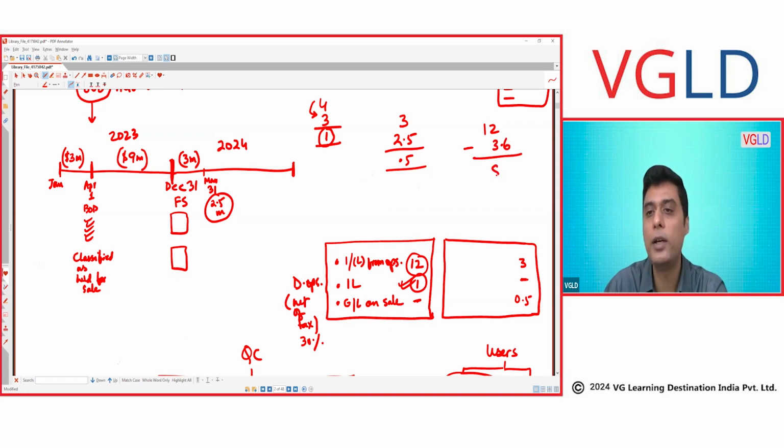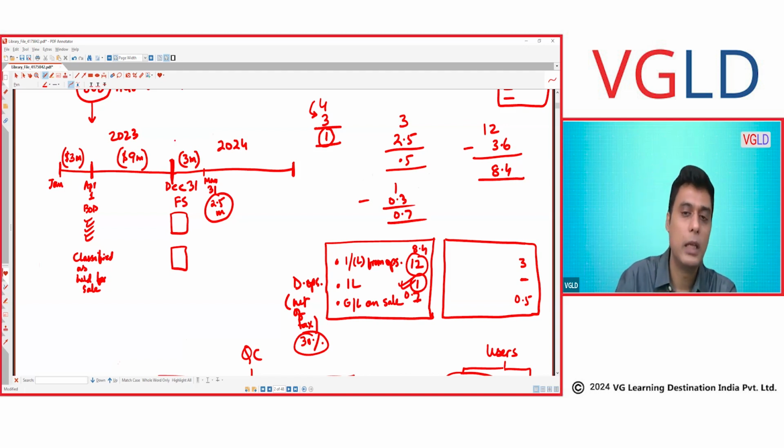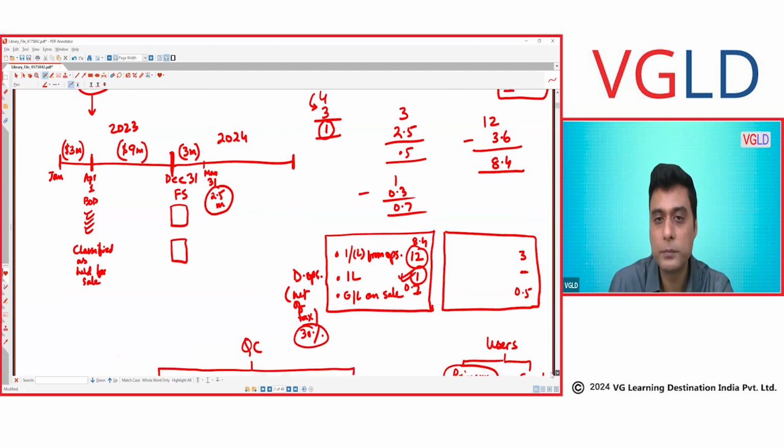So it will be 8.4. So we will write 8.4 over here. Instead of 1, we will write 0.7 over here. 1 minus the tax. 0.3 is the tax. So 0.7, right? 30% is the tax. So 0.7 will appear over here. Okay. Now there are two ways of presenting this.